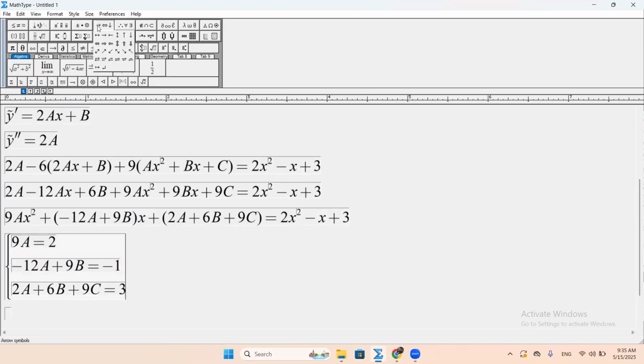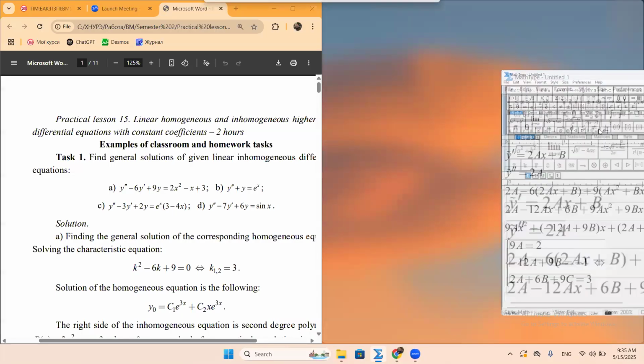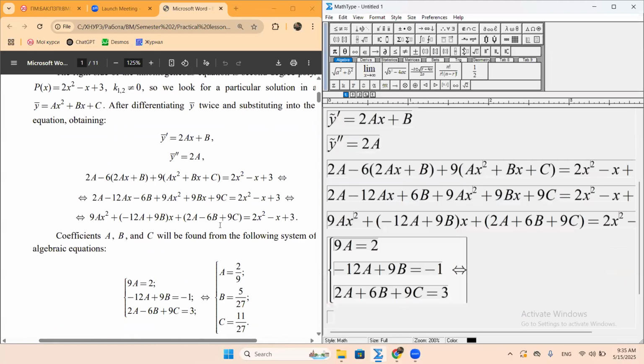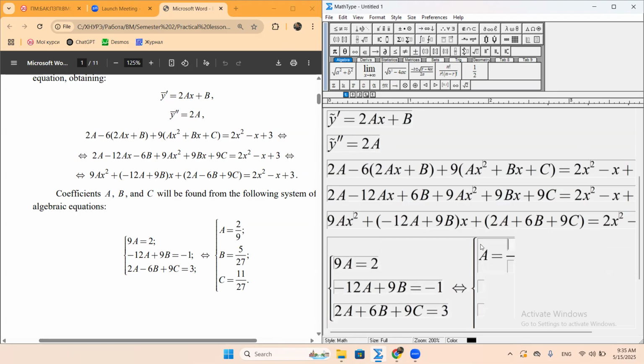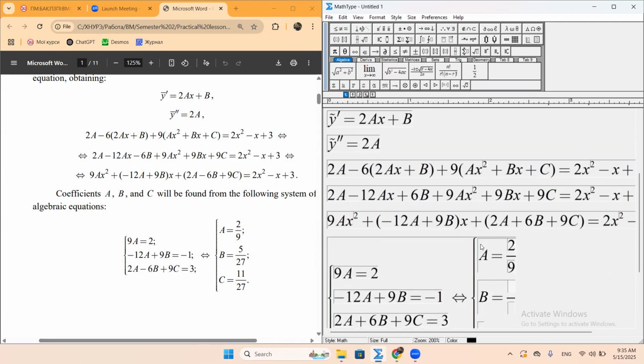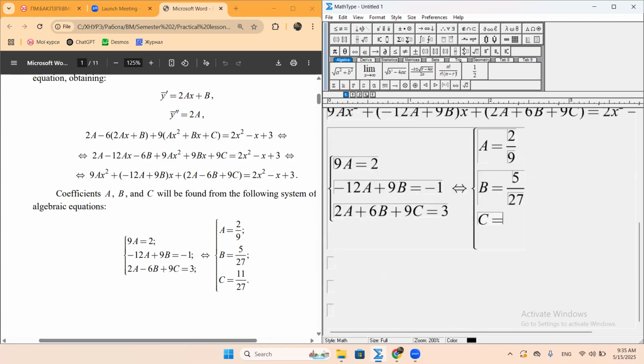We won't solve this system now, so we will just take these answers. I will just write down the answers for the solution of the system: a equals 2 over 9, b equals 5 over 27, and c equals 11 over 27.